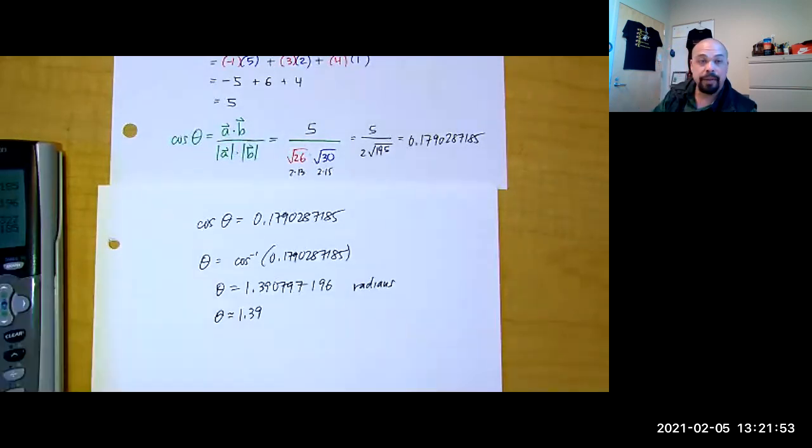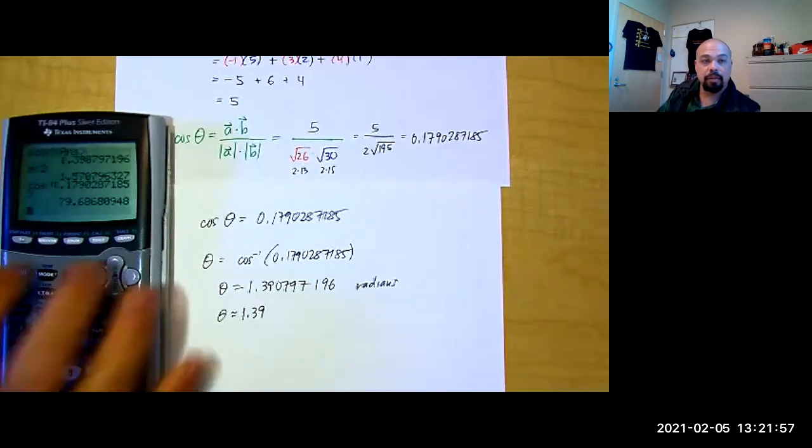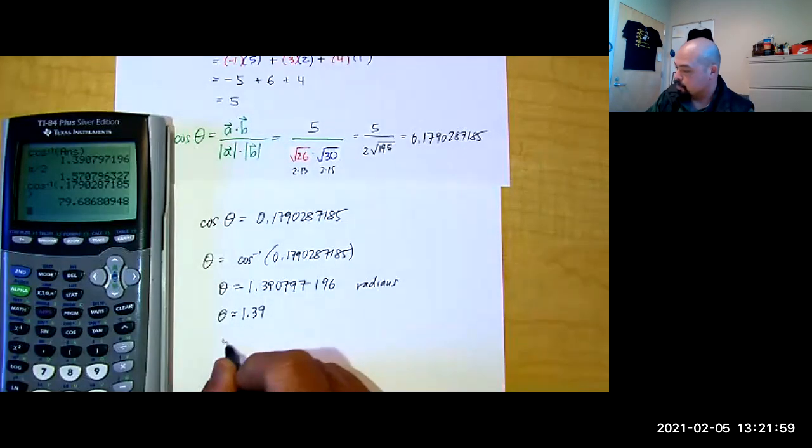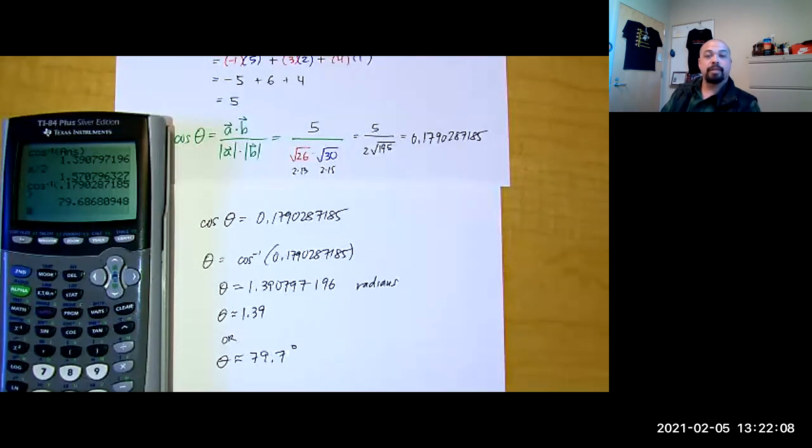So doing that recalculation there, my inverse cosine in terms of degrees, about 79.7 degrees. All right, so finding the angle between those two vectors.